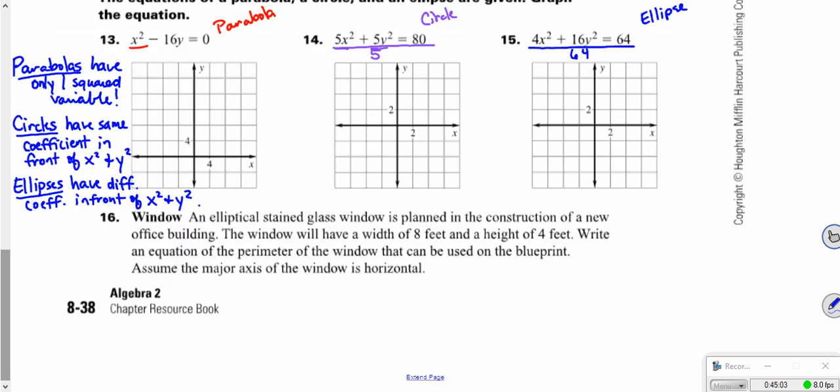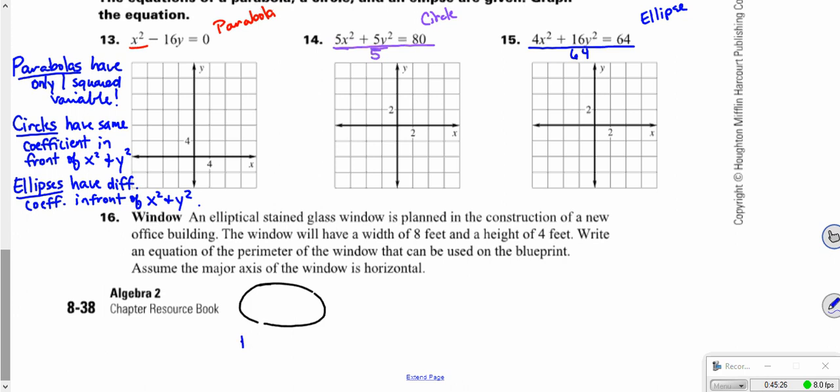And then down here, an elliptical stained glass window is planned in the construction of a new office building. The window will have a width of 8 feet and a height of 4 feet. Write an equation of the perimeter of the window that can be used on the blueprint. Assume the major axis of the window is horizontal. They kind of already said that when they gave you the longer horizontal width, but whatever.